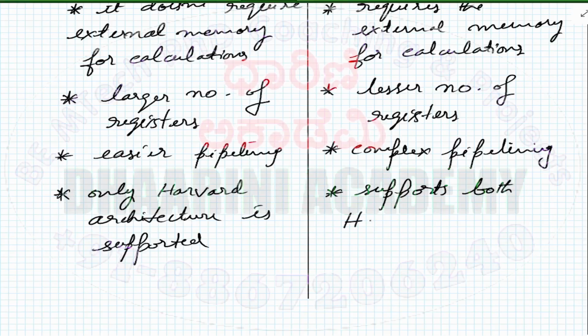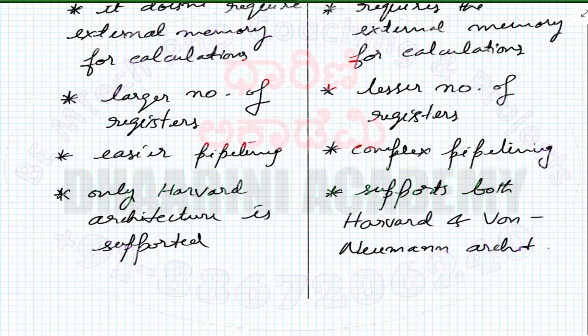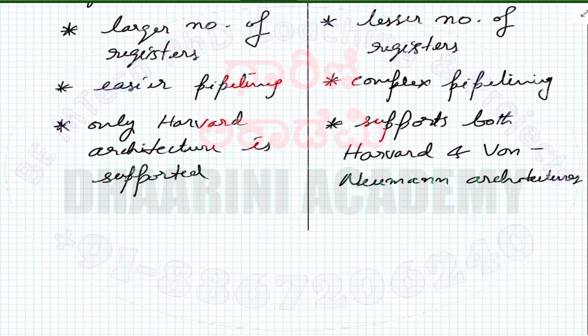There are two types of architectures, Harvard and the von Neumann architectures. Both are supported. And let's find another difference.